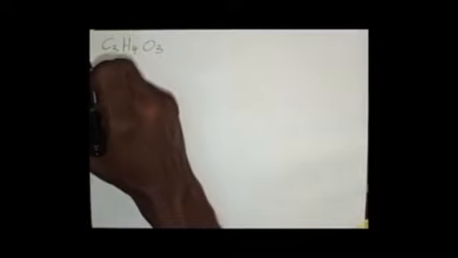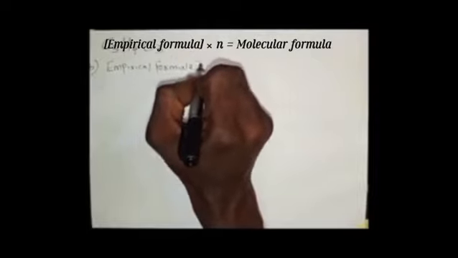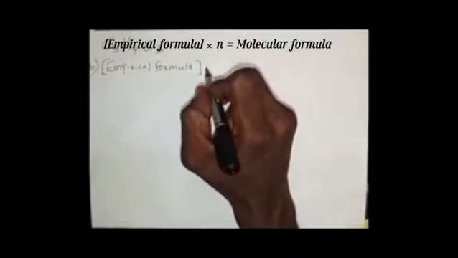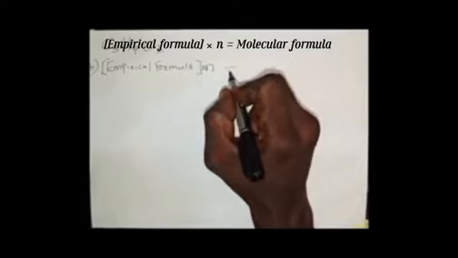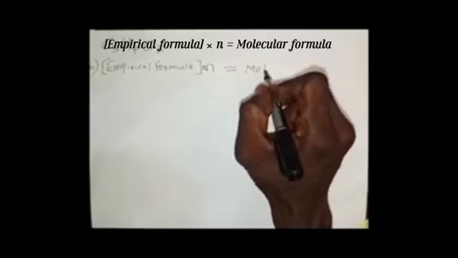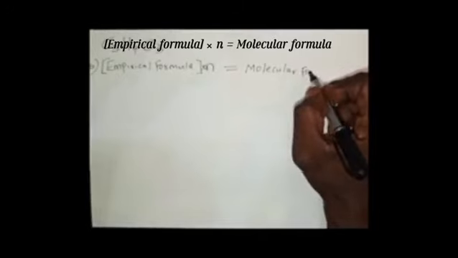Now we are going straight to solve the B part of the question here that says what is the molecular formula. Don't forget that the formula connecting empirical formula to molecular formula is given by, you have empirical formula multiplied by N is equal to molecular formula.